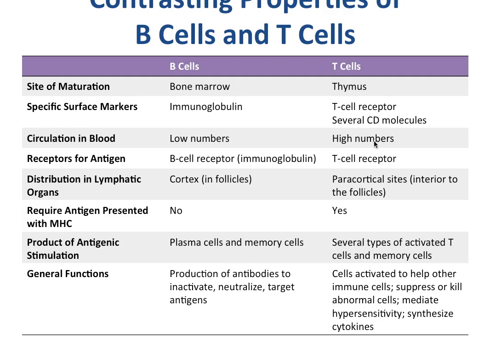T cells are widely found in the bloodstream. B cells use antibodies to kill the foreign substance. However, T cells can use their cytokines or directly kill or engulf the foreign substance.